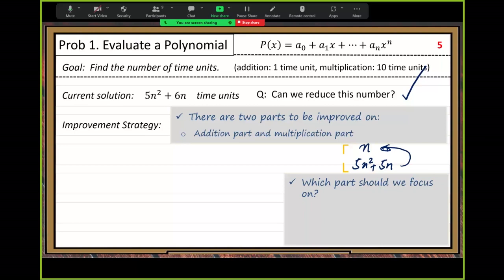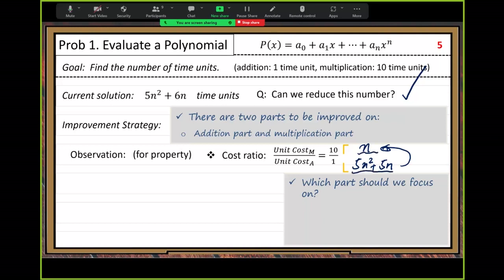With this observation, we already converted to time units. We already used the unit cost for multiplication over unit cost for addition, the 10:1 ratio, when we converted to units of time.